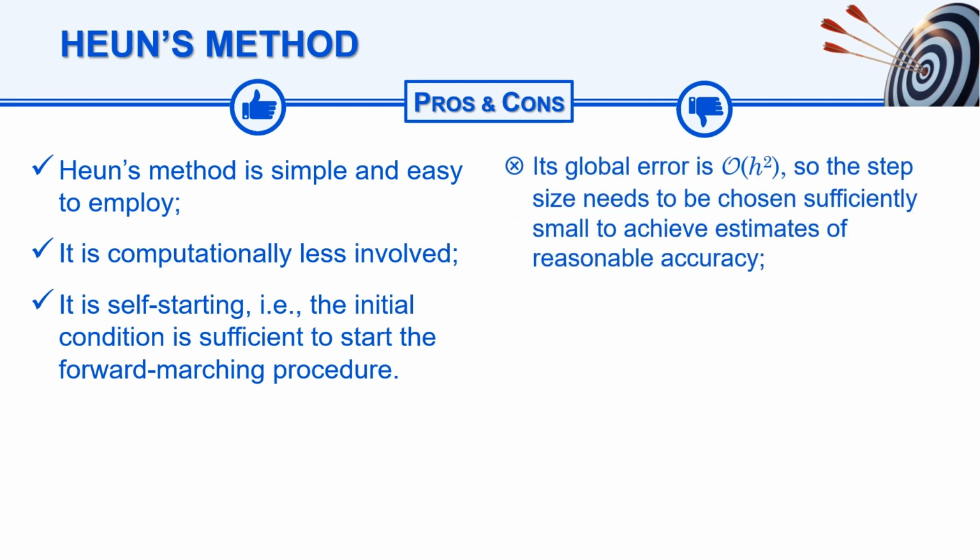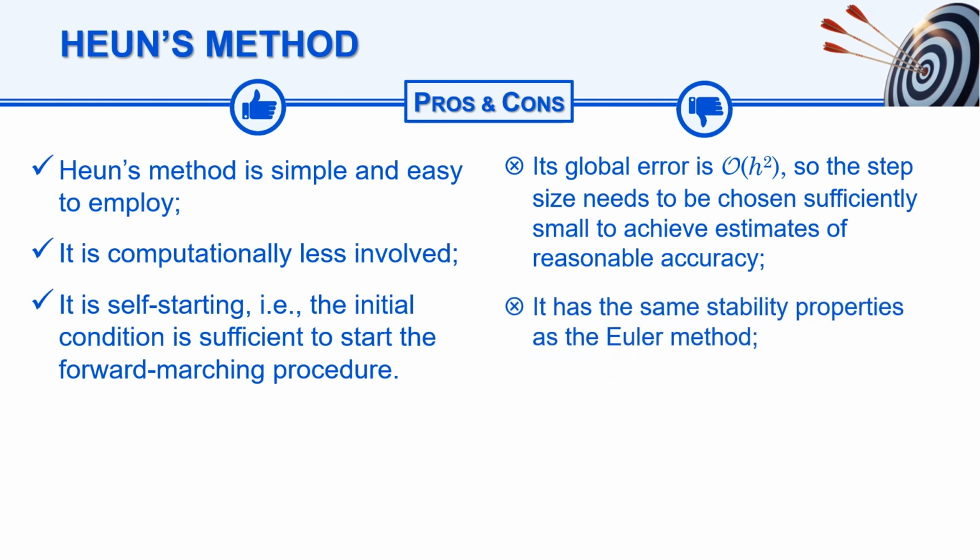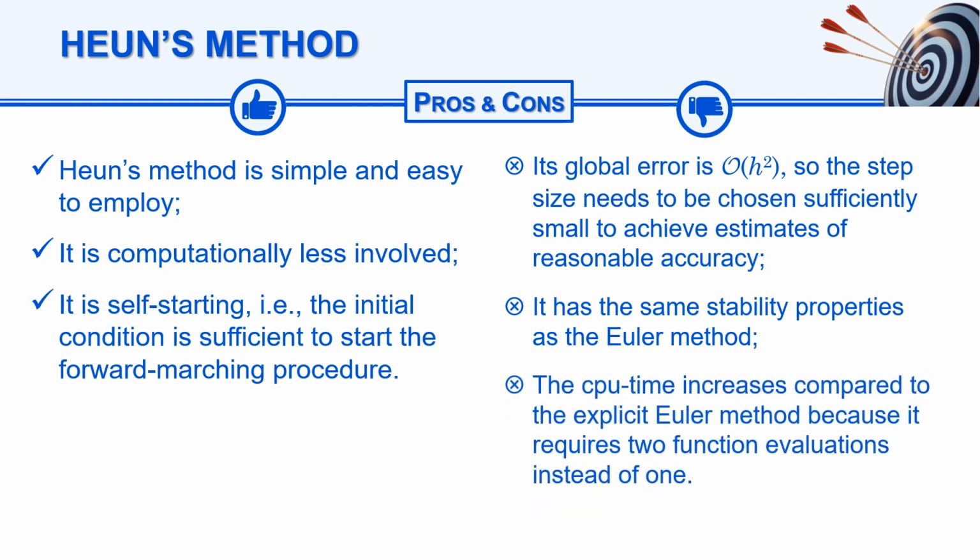The disadvantages of Heun's method are: its global error is second-order, so the step size needs to be chosen sufficiently small to achieve estimates of reasonable accuracy. It has the same stability properties as the Euler method. The CPU time increases compared to the explicit Euler method because it requires two function evaluations instead of one.